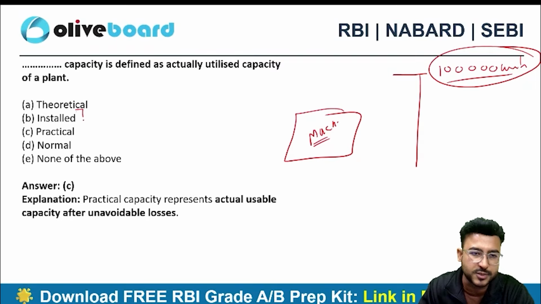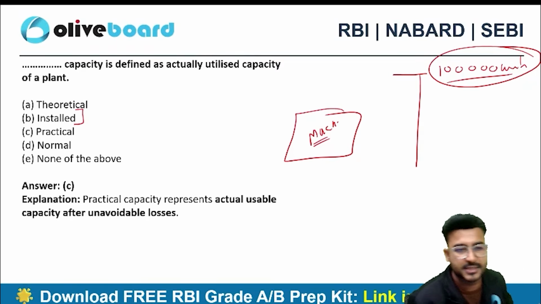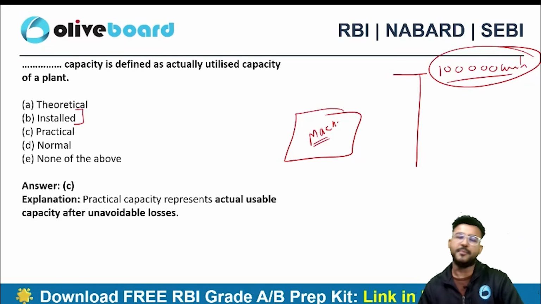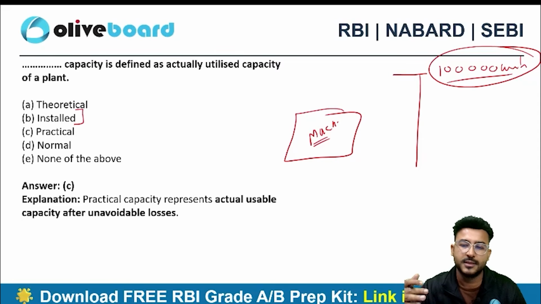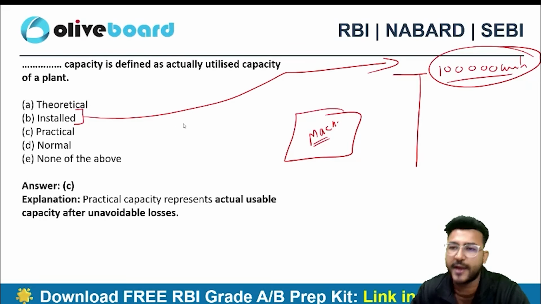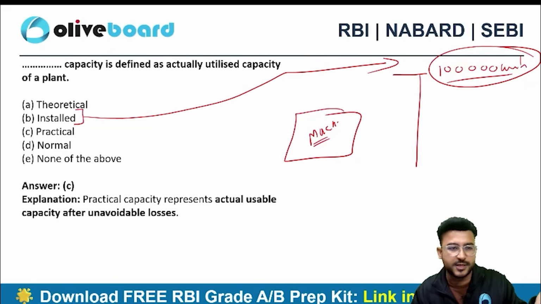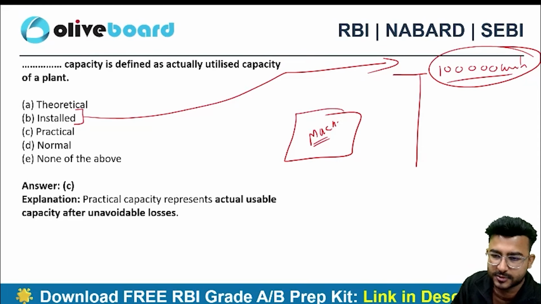This is my installed capacity, or I can say this is my maximum installed capacity. That's the maximum number of units I can produce. That's the capacity of my machine with which I have installed it. If I want to produce 1,20,000 units, then I need to make certain adjustments in my machinery. Maybe I need to incorporate some new hardware also, right?